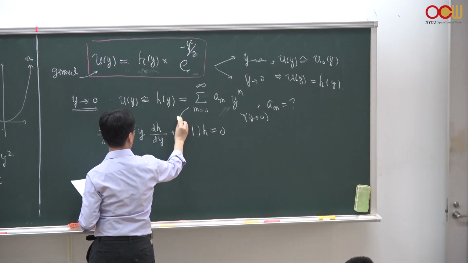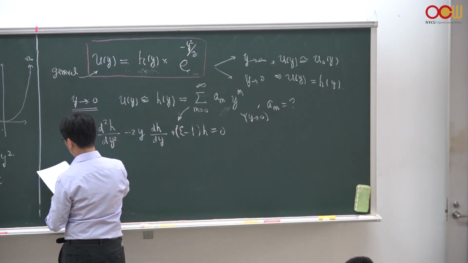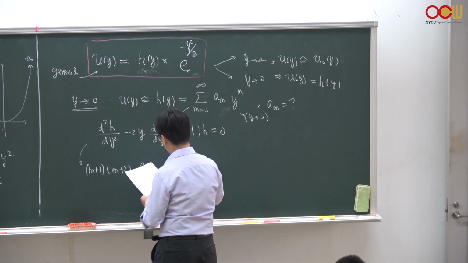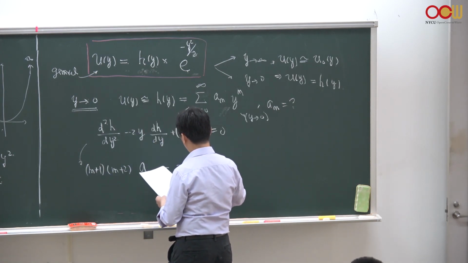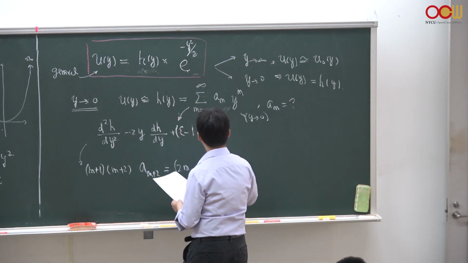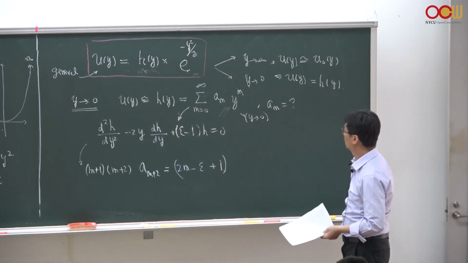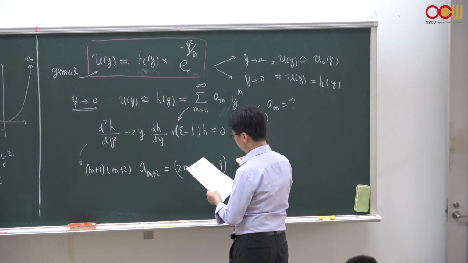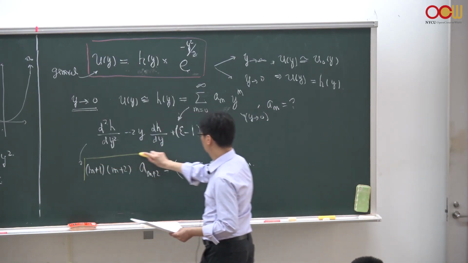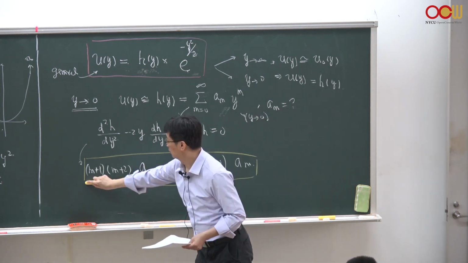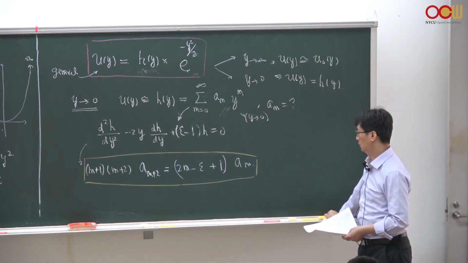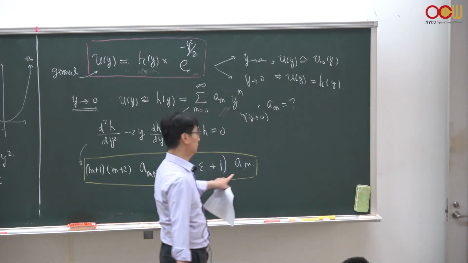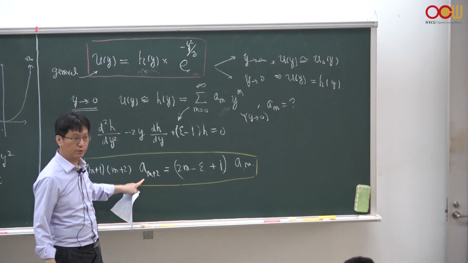If you do so, you will get the following relation: a recursive relation between the coefficients in front of the polynomial in y, a_m and a_{m+2}. This relation will become very useful later. It relates the prefactor, the coefficient a_m, to a_{m+2}.